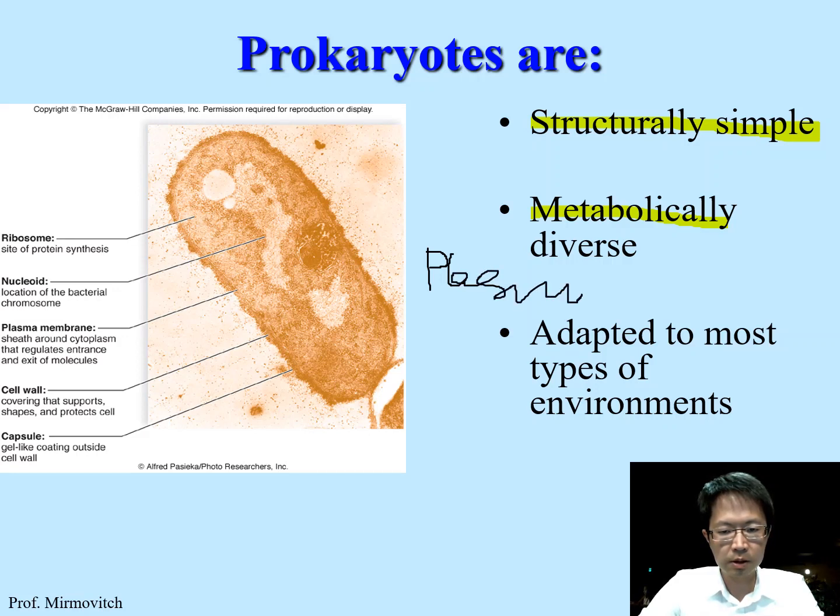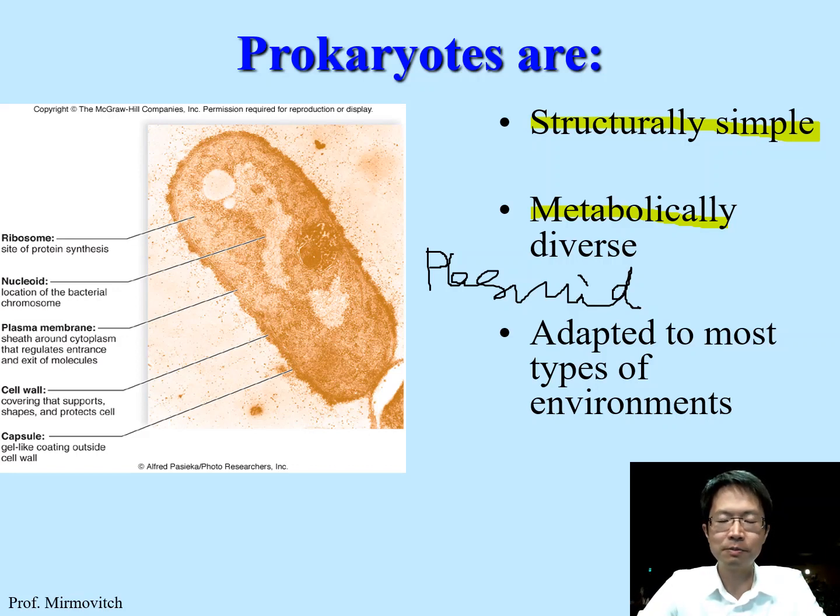Plasmid. Well, bacteria have two types of DNA. One type is in the nuclei. That is the normal DNA that you can find in the nucleus. Another type is called plasmid. Plasmid is like their toolbox.